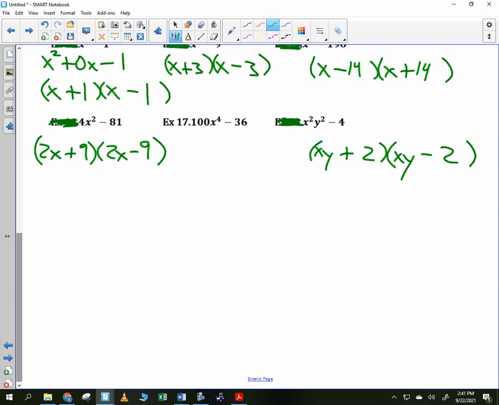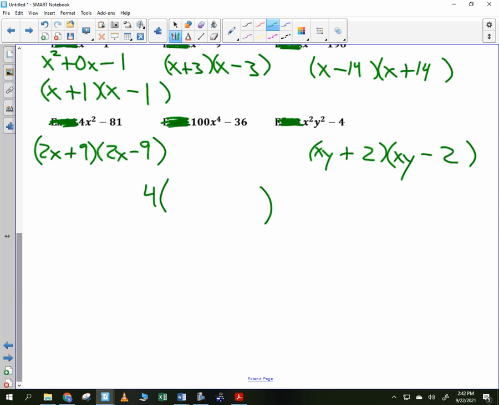Now, the reason why I saved 17 is because this is a little bit of a problem here. When we factor this, you should always start by taking out a greatest common factor. Does anybody know what divides evenly into both 100 and 36? 4. So let's take out that 4.